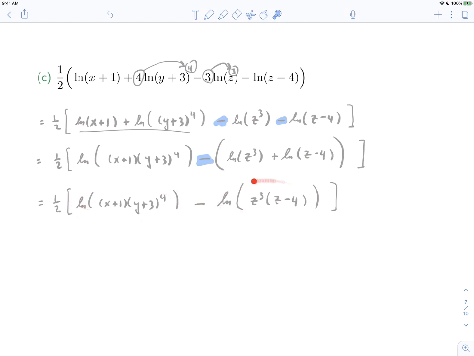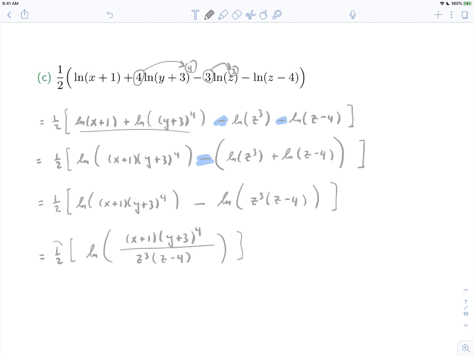The difference of two logarithms turns into the logarithm of a quotient. So this is 1/2 times ln of a quotient. So it's (x plus 1) times (y plus 3) raised to the 4, and all of this is divided by z to the 3 times (z minus 4), like that.